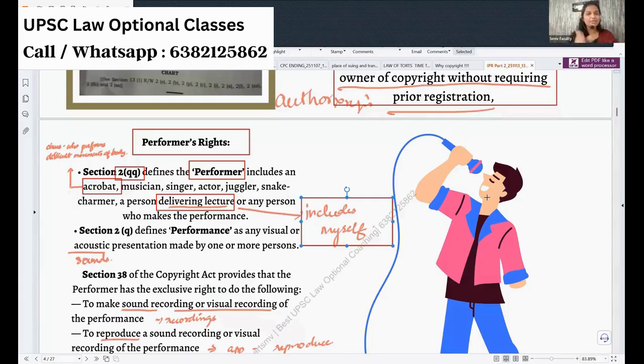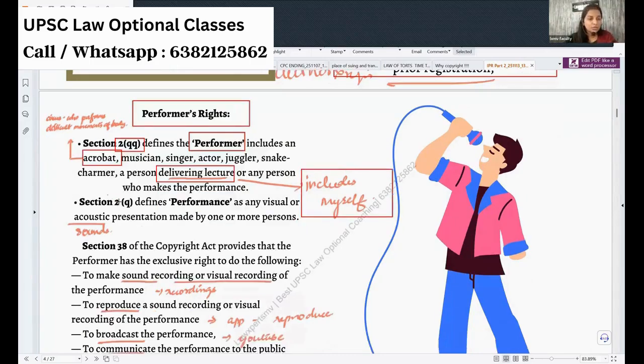Who is a performer is defined under 2 clause QQ, and what is performance is defined under 2 clause Q. Performance means any visual or acoustic presentation. What do you mean by that? Visual is something that you can see through your eyes. And acoustic includes not only words, it includes sounds also.